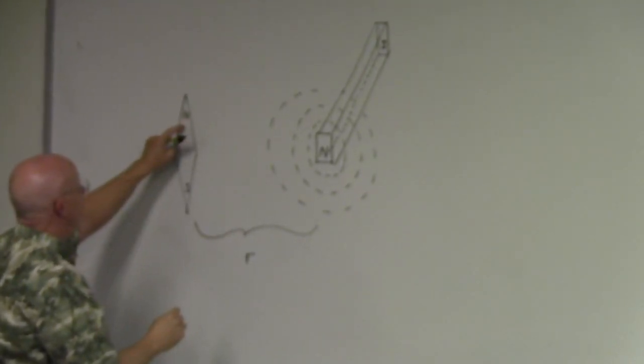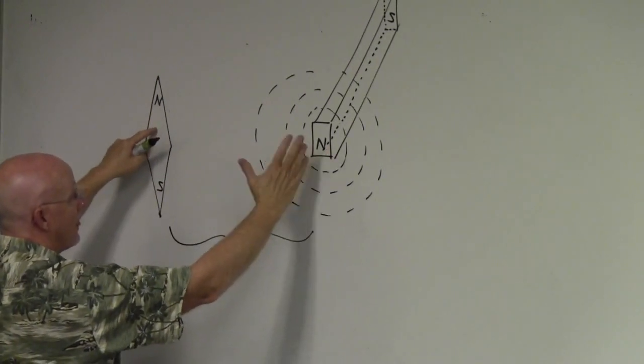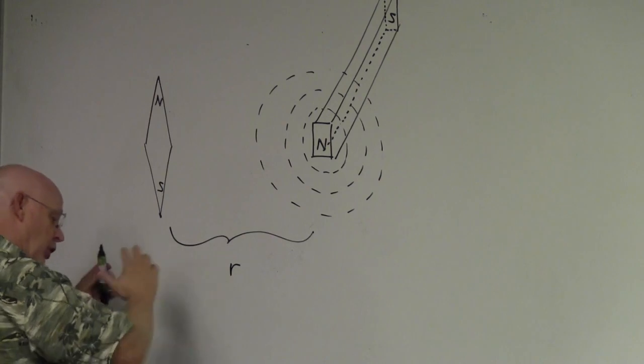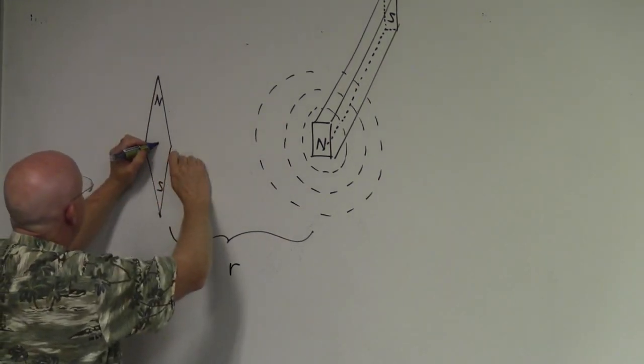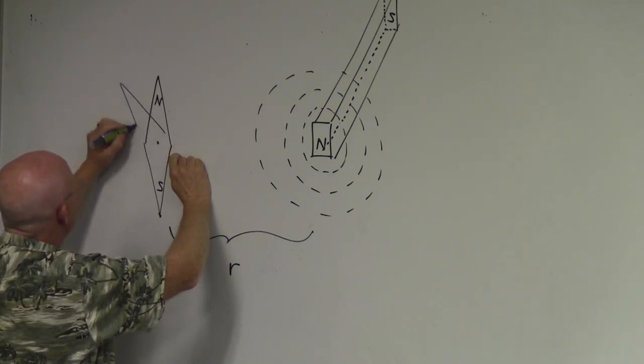And so the north pole on my compass will be repelled from this north pole. And so as I get closer, it will start pushing, if you will, this north pole away.